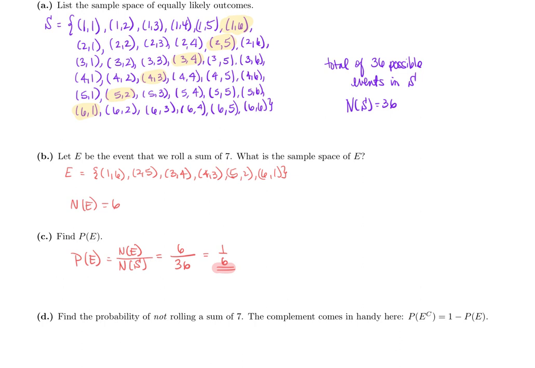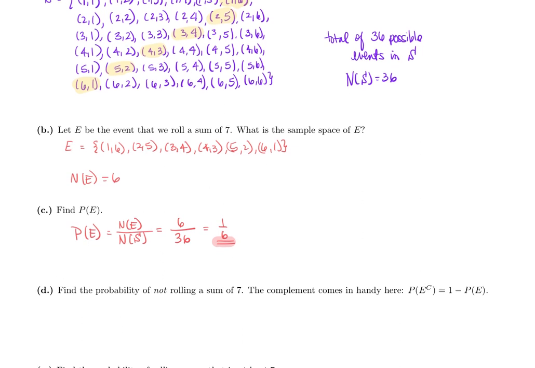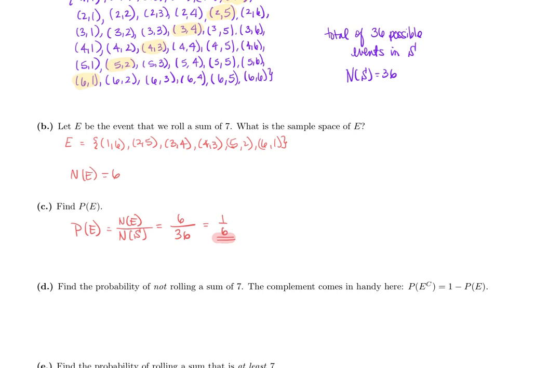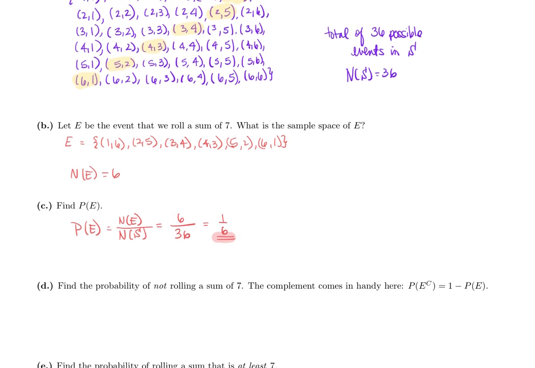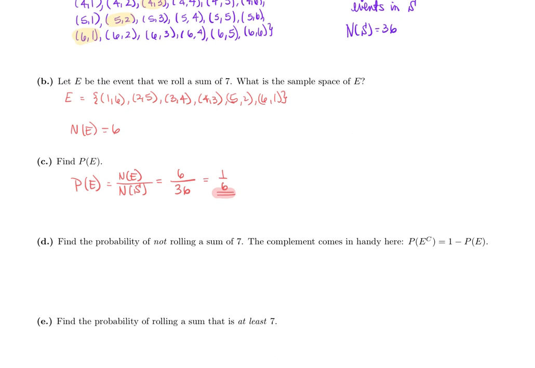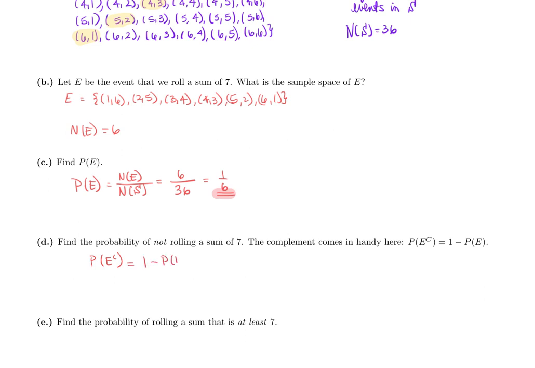So what we can do is use this complement to our advantage here. So we have that the probability of E complement is 1 minus the probability of E.